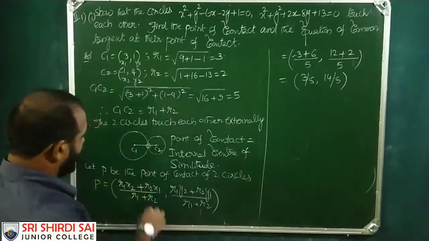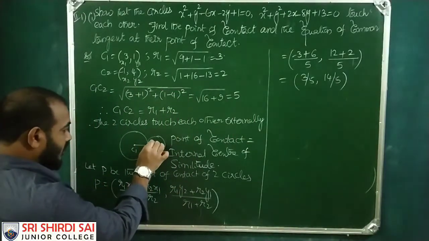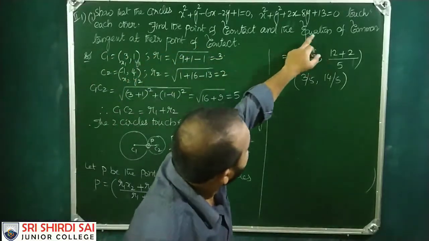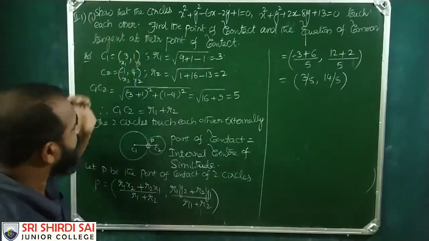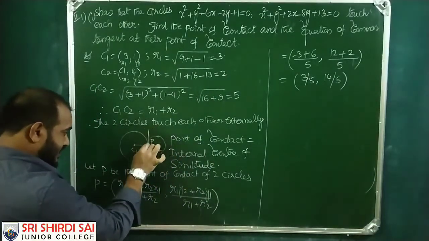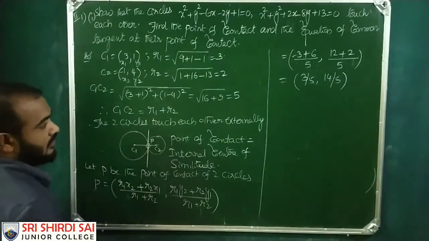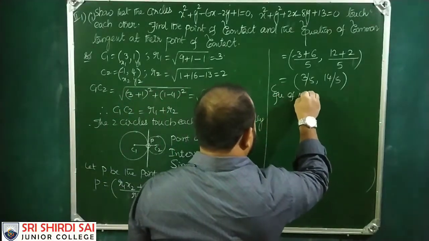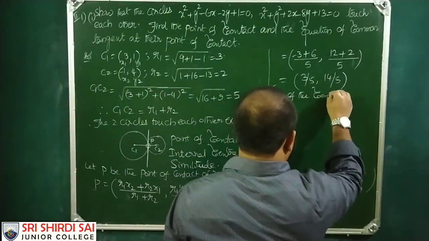So this point of contact we have found, this P. Now the equation of the common tangent at the point of common contact. So the equation of this line he is asking.